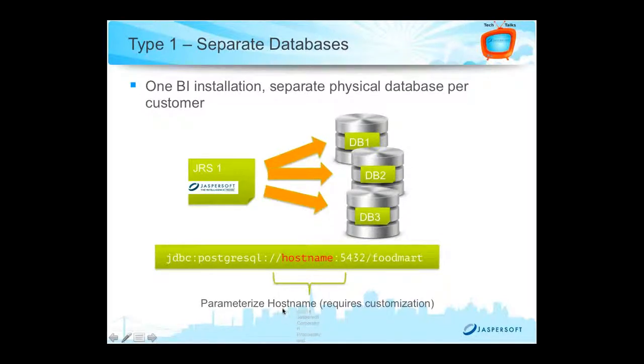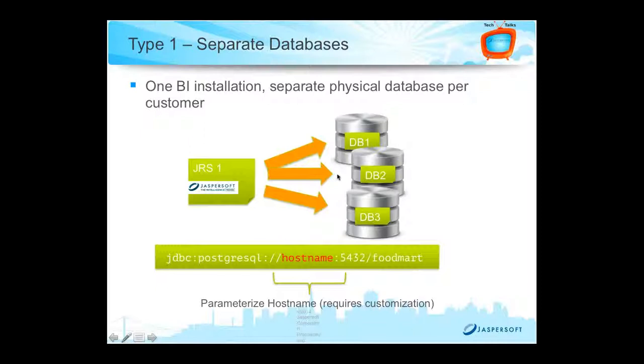So what you're going to do here is parameterize the host name of the JDBC URL. Now this is not a feature that comes out of the box; it requires configuration. It's going to require some customization, and the reason is the logic to choose which host name is going to be very application specific, and it's hard to write something completely generic to handle this type of multi-tenancy.